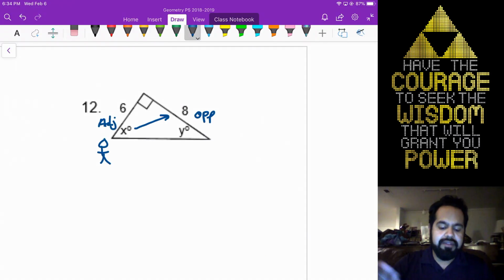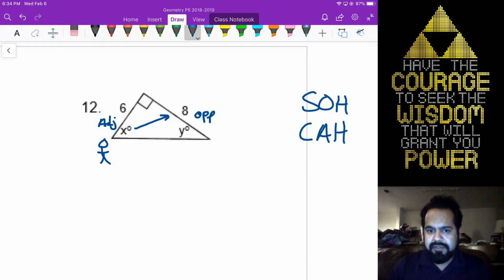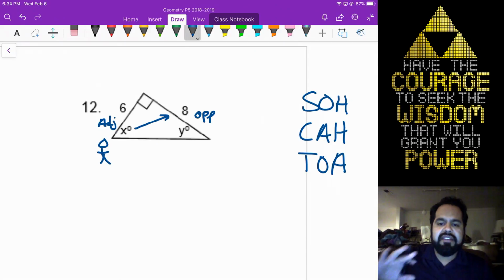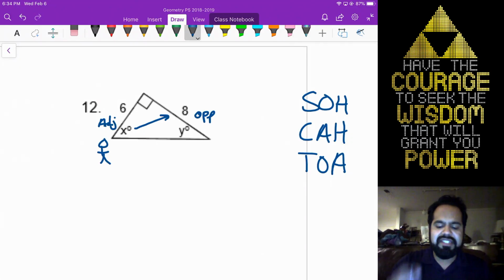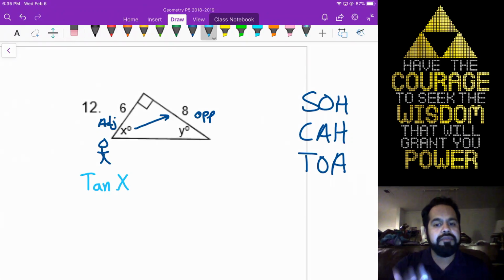Okay? So then right here, I would think, I've got this ancient math tribal chant, and I've got to remember the correct order of the letters, and I have to remember that none of these letters can be switched. This is the exact order. So, oh, wait. Opposite adjacent. Tangent. So we're going to say tangent of x, since I don't know the angle, equals 8 over 6.